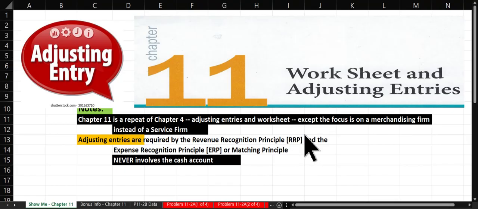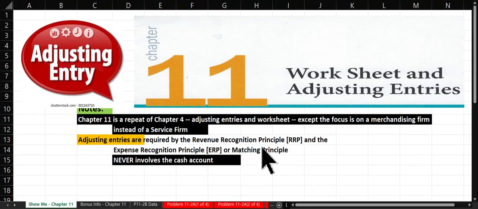And the same thing with revenue. It doesn't matter if the cash was received. If the revenue was earned, which means the service was provided, if it's a service firm, or in this case, the product was sold, then we have revenue being earned.